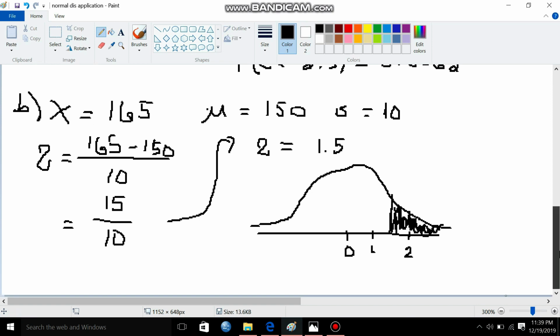To answer this one, you simply look for the value of the probability of Z greater than 1.5.